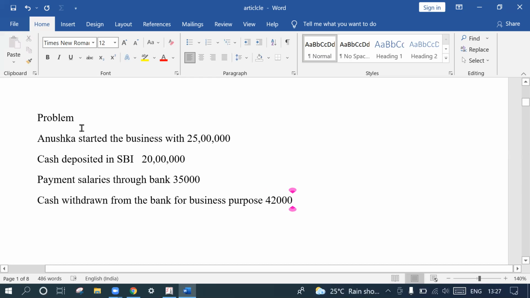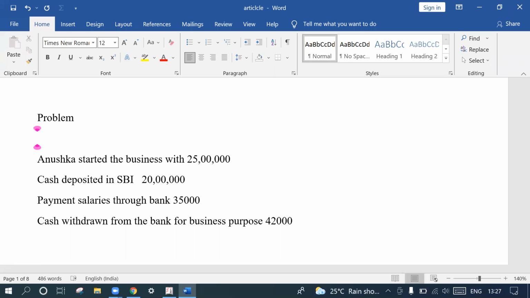These four are the transactions which happened in our business. Anushka started the business with rupees 25 lakhs, cash deposited in SBI 20 lakhs, payment of salaries through bank 35,000, cash withdrawn from the bank for business purpose 42,000.